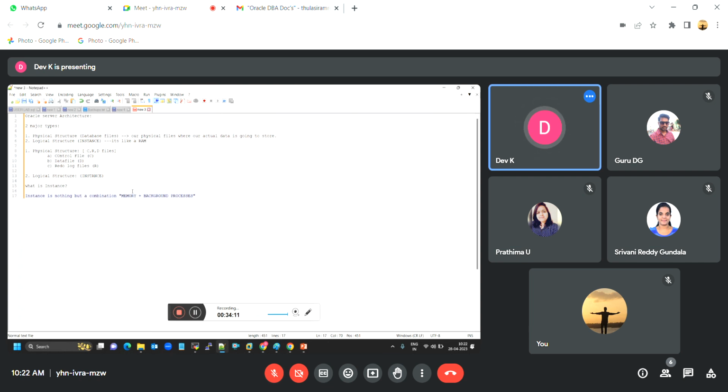Memory, as I said, in our local system computers is called RAM, right? And then background processes. Memory consists of SGA.